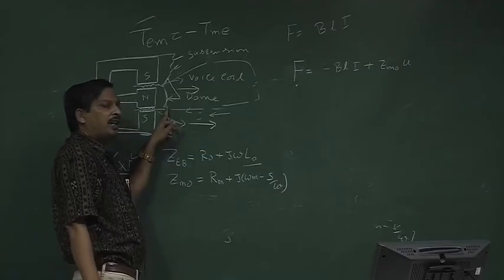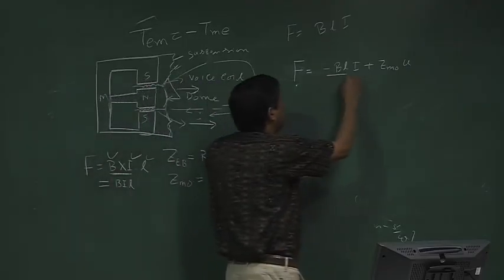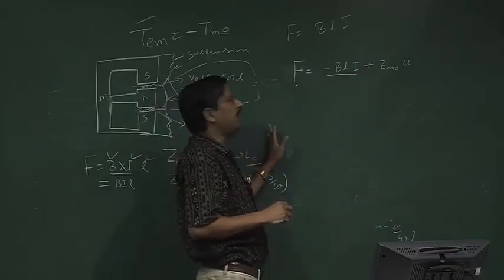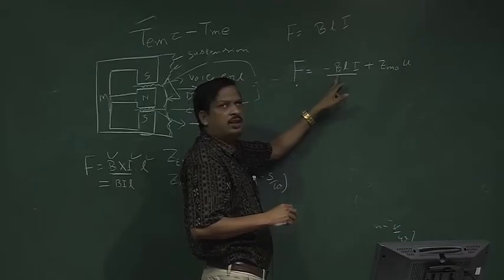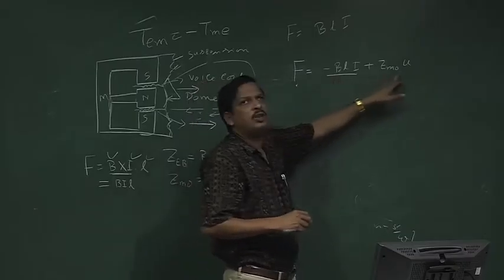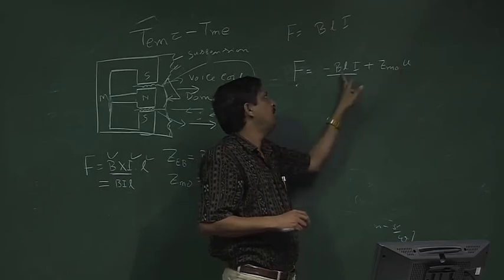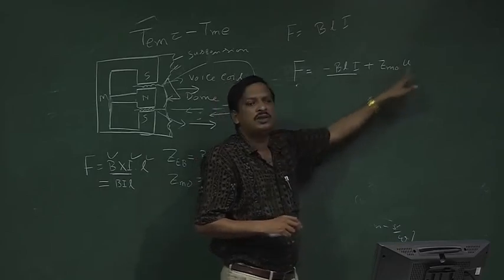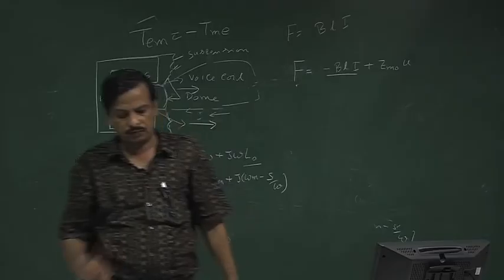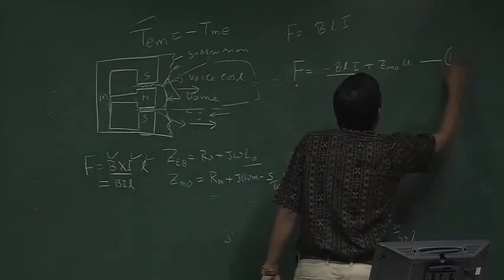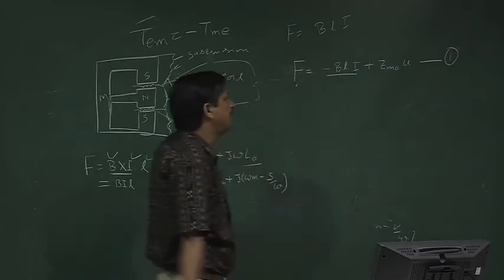To oppose the electrical force, I require this force. So it is minus BLI plus ZMO into U. Okay. So, this is the canonical equation of anti-reciprocal transduction.